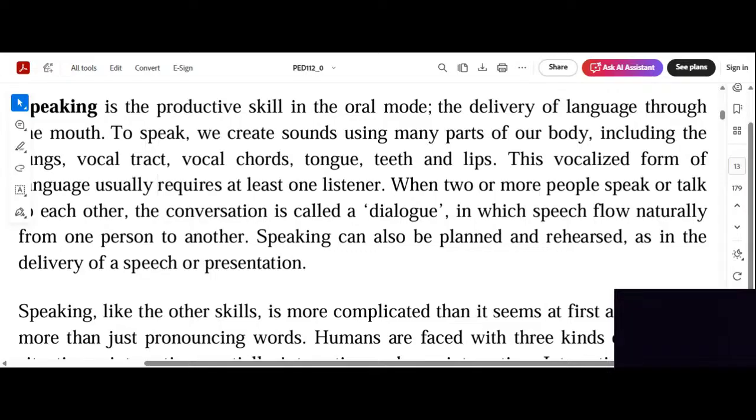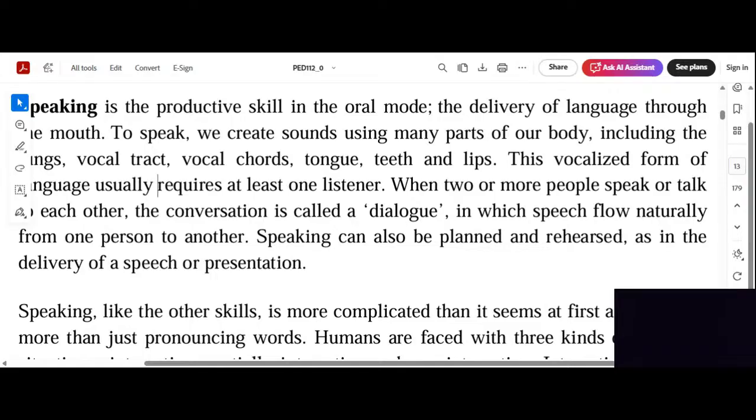You see the president making a speech, you see a lecturer or a professor delivering a speech in a convocation meeting or an orientation meeting, you find out that they don't just start saying things from their head anyhow. They have written down the speech. So I will need the skill of writing to be a good speaker, because I must have written down my speech. So that is the interrelationship between them.